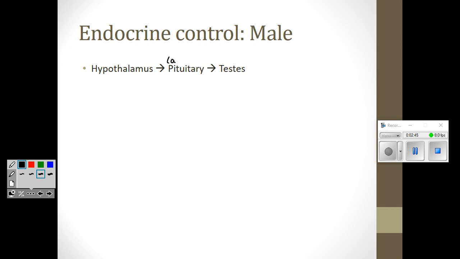We're specifically talking about the anterior pituitary here. And in this case, the testes are the target organ for the hormones from the anterior pituitary. So we just need to be specific about which hormones are coming from each of those places.